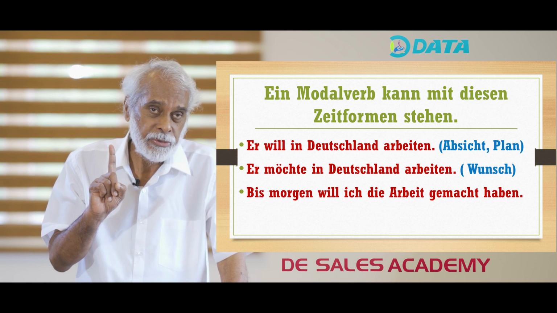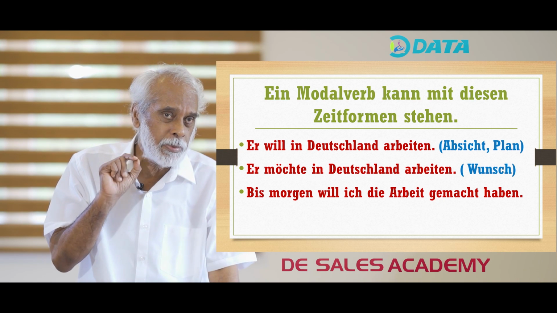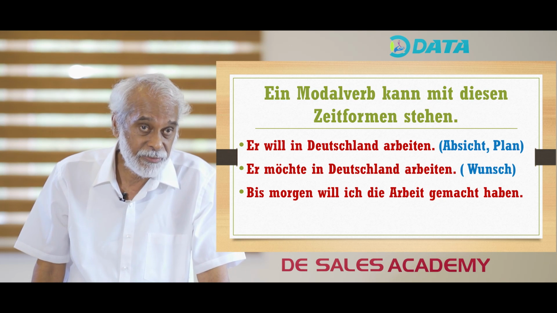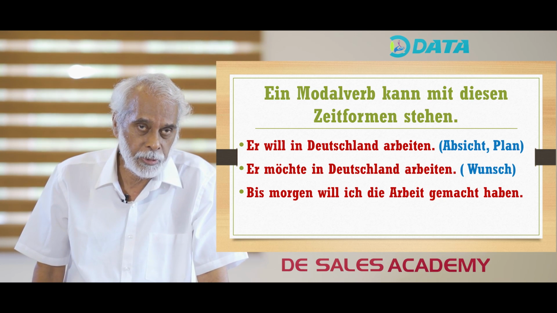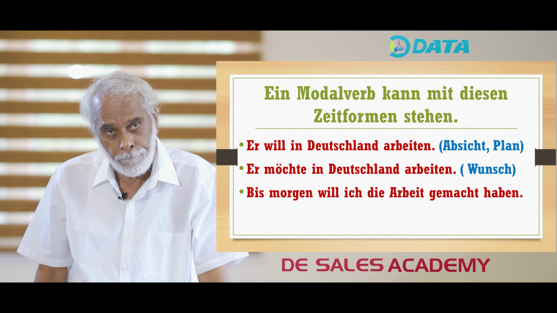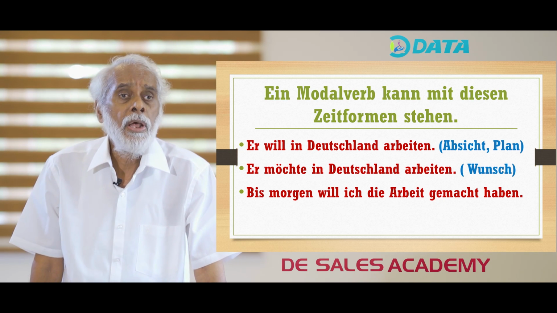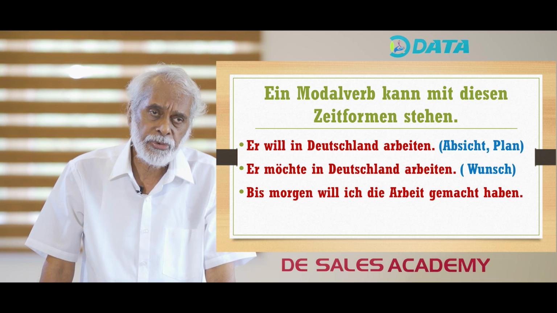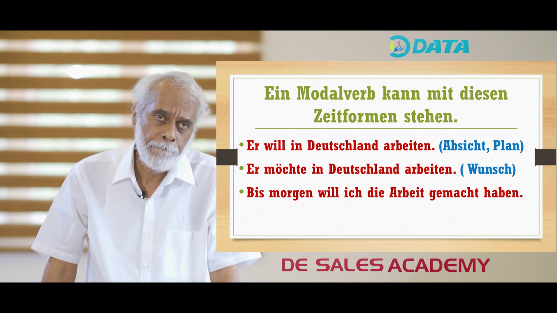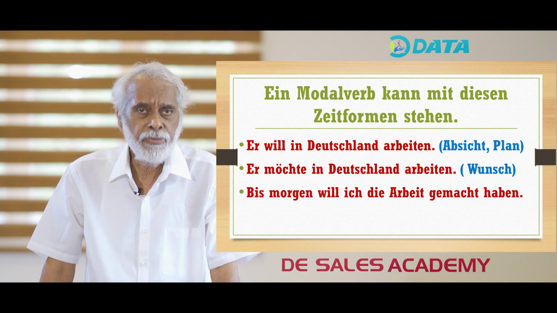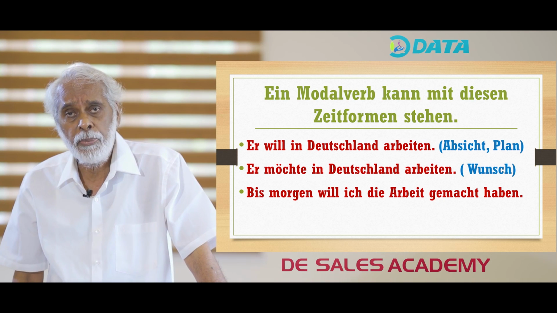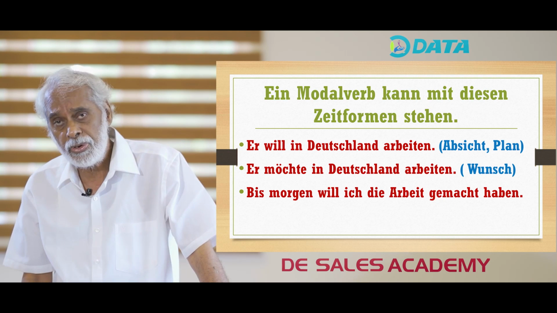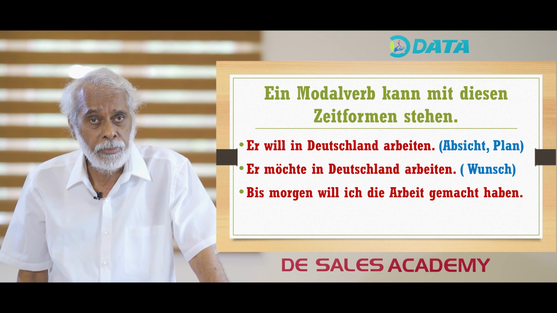Now in the first sentence, we have the modal verb wollen, will. In the second sentence, we have the modal verb möchten. Now, what is the difference between möchten and wollen? What is the difference between the two sentences? Ich will in Deutschland arbeiten, oder ich möchte in Deutschland arbeiten.